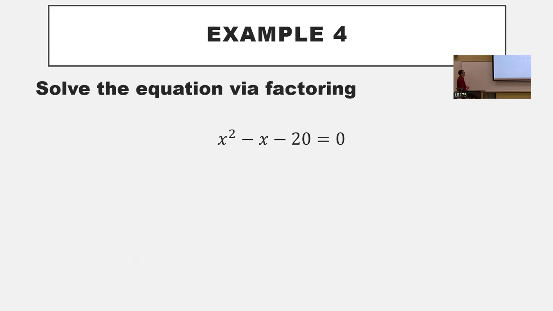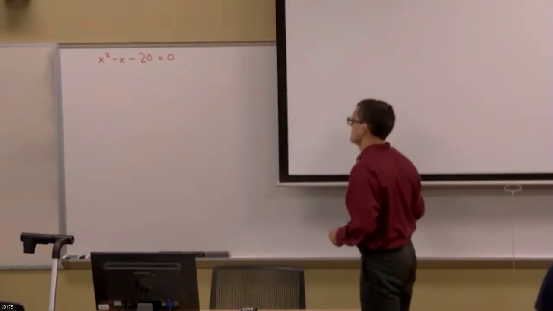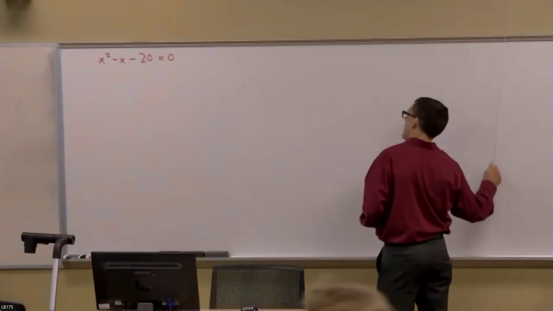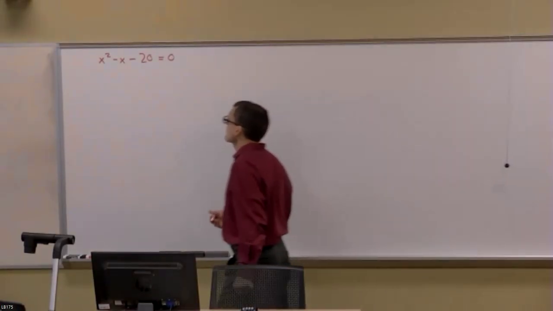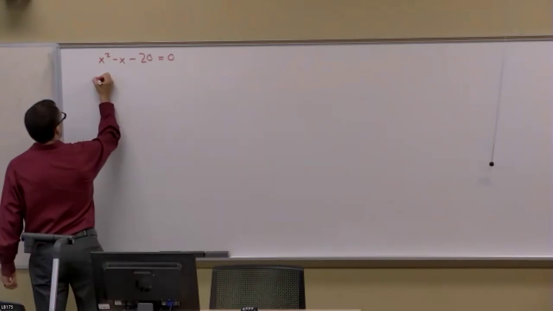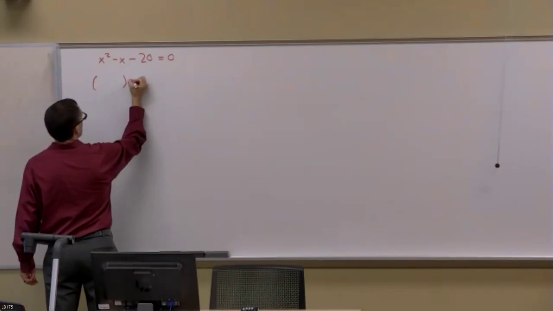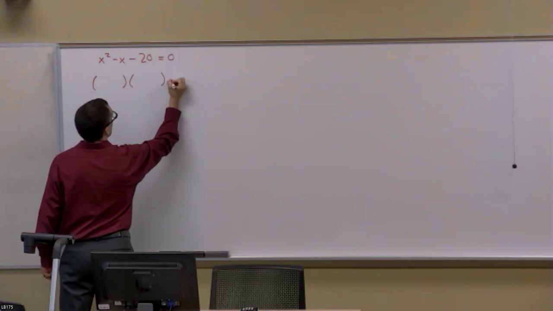Let's look at this example. x squared minus x minus 20 is equal to 0. So we want to factor into 2 linear pieces on the left.